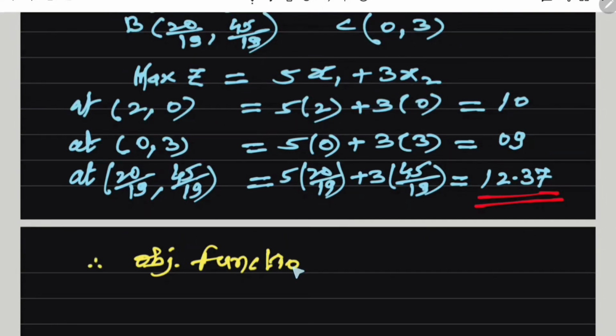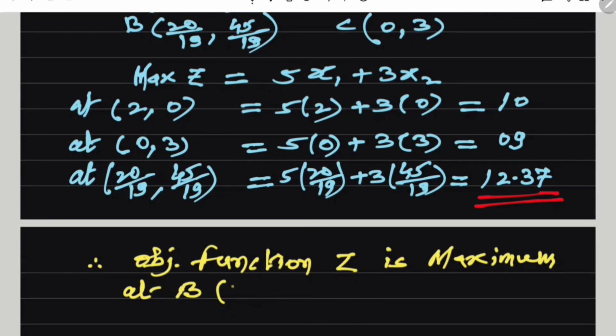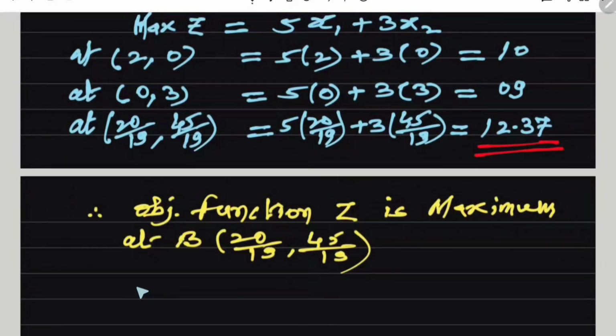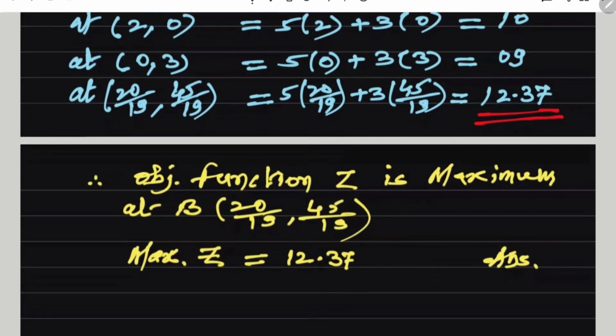Here the maximum is 12.37. Therefore, the objective function z is maximum at point B, coordinates 20 by 19 and 45 by 19. This is the solution of the L.P.P. graphically, and the maximum value of z is 12.37. This is the required answer obtained by the graphical method.